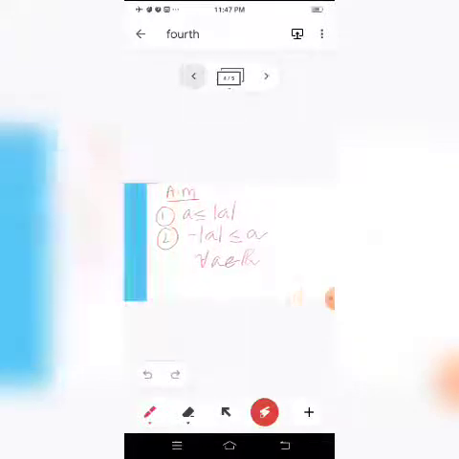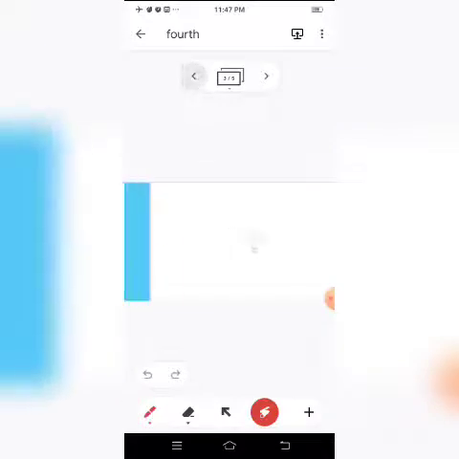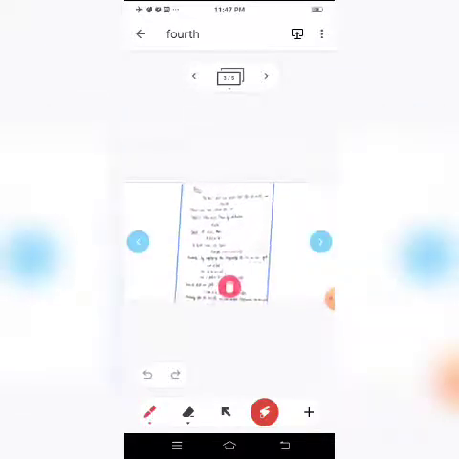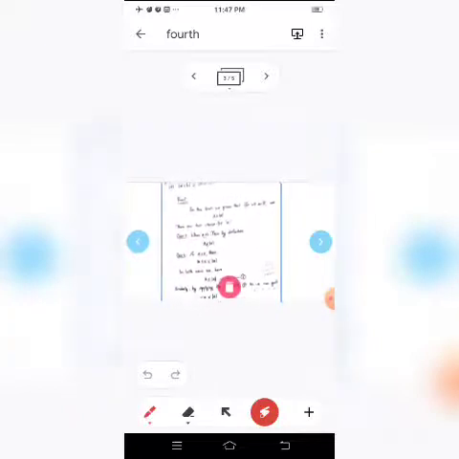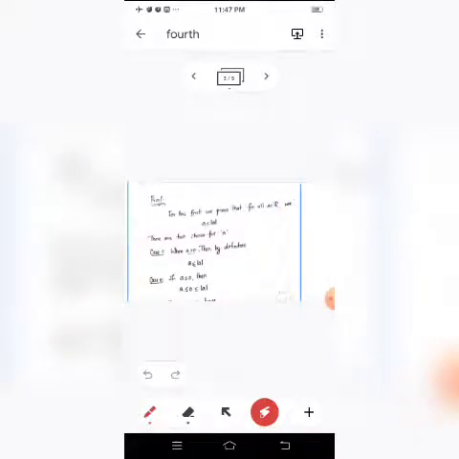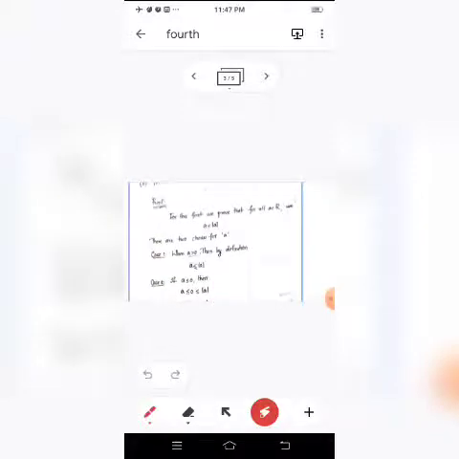So how will you prove a less than or equal to mod a? For this, first we prove that for all a belongs to R, we have a less than or equal to mod a. There are two choices for a.